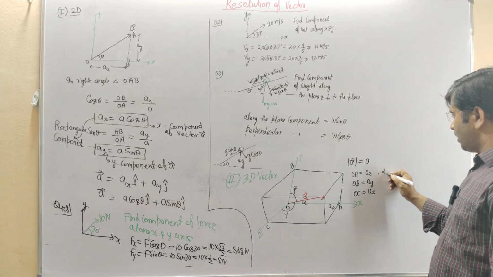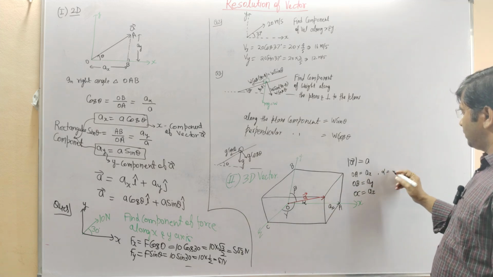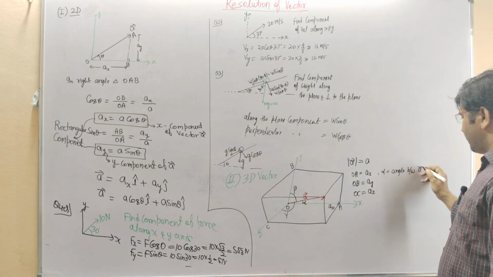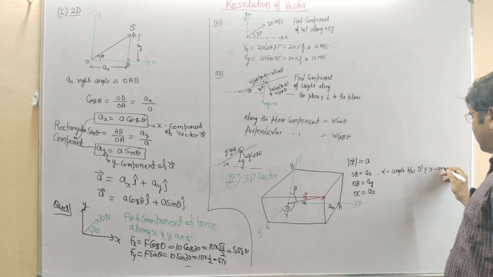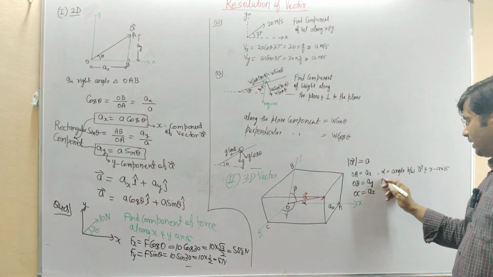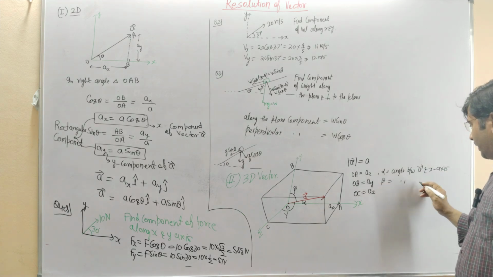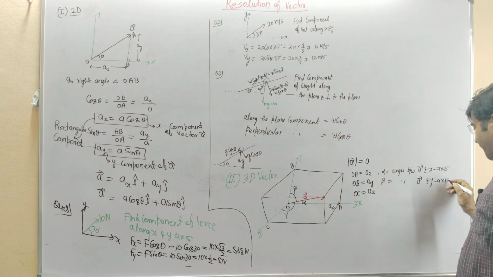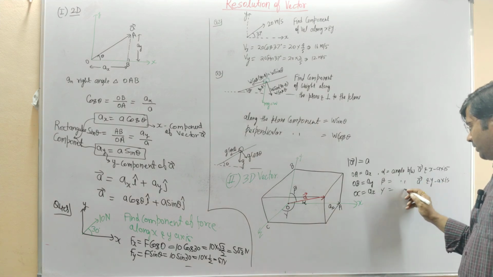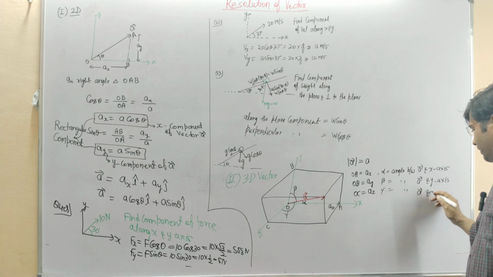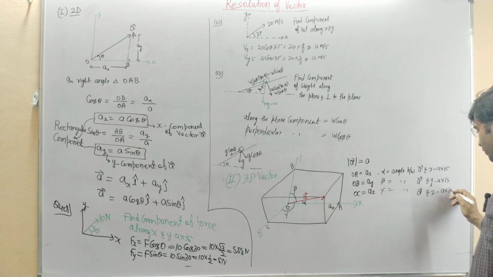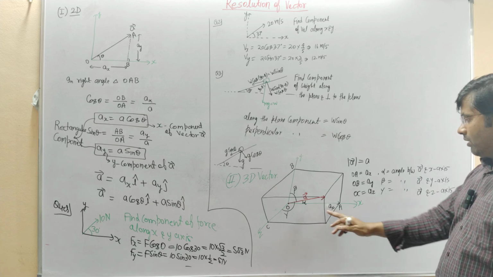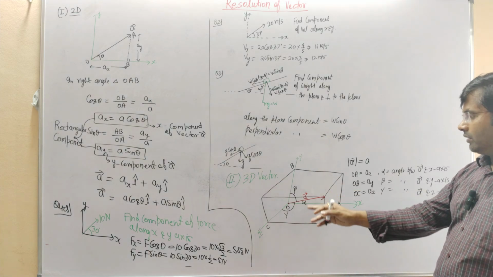Alpha is the angle between vector A and the x axis, beta is the angle between vector A and the y axis, and gamma is the angle between vector A and the z axis. So AX, AY, AZ are the components along the x, y, z directions.